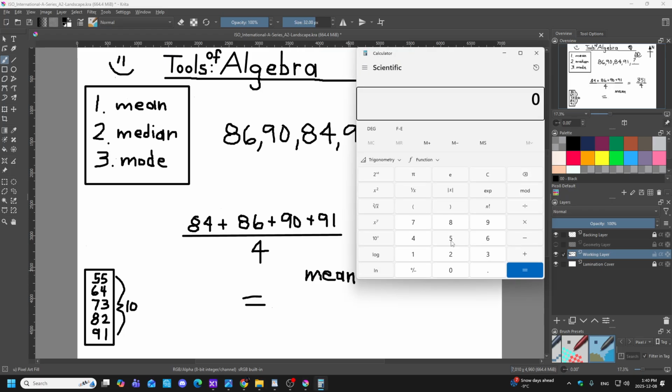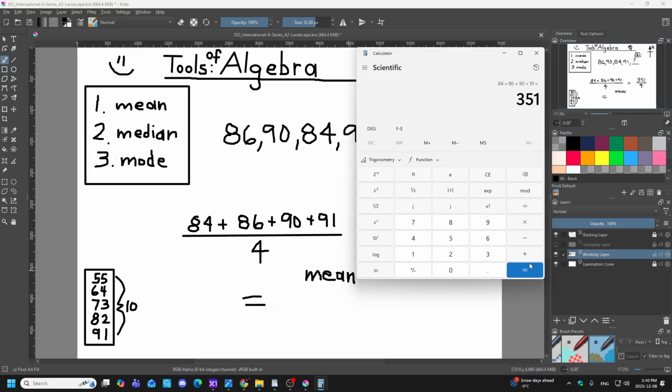I just do it. Okay, 84 plus 86 plus 90 plus 91 gives us... now I messed up somewhere. I'll just do it again: 84 plus 86 plus 90 plus 91.